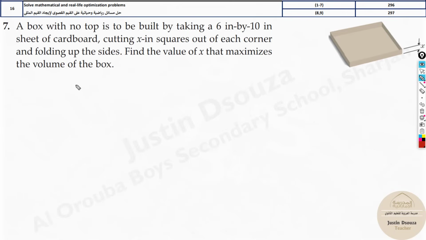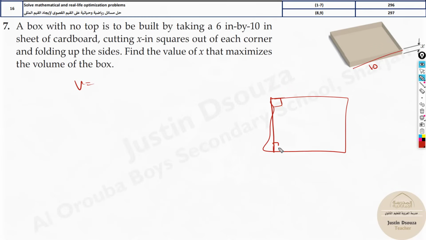Here all you need to do is the volume formula. This is easier because we are not having two formulas, where we first write one formula and then need to solve it again. It's just one formula over here, so it's much easier. Now let's write this length. Since it's a little bigger, I'll take this as 10. And over here, x. Initially it was like this cardboard, right?